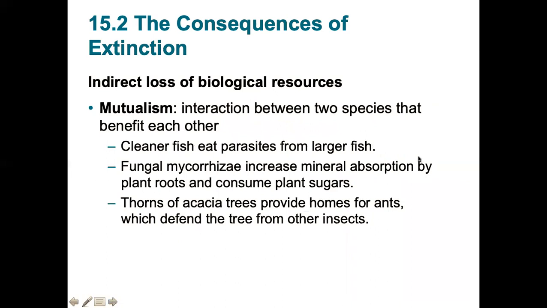So mutualism, this is another example of how we can indirectly lose resources, by affecting populations. If you affect the cleaner fish that eat parasites from the larger fish, then you're affecting the larger fish too. That's just one example.